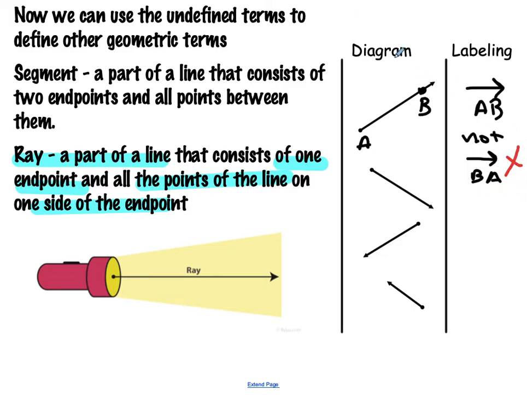Okay, and I'll keep that in there so that you understand it further. So let's do, this is C and let's say this is D. So this is ray CD, okay? And let's say this is F and let's say this is E. So this direction, so it's going down to E. So it's starting from F and it's going to E, and use that ray arrow.